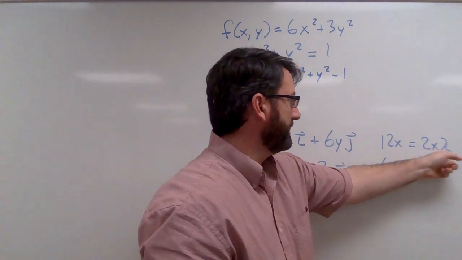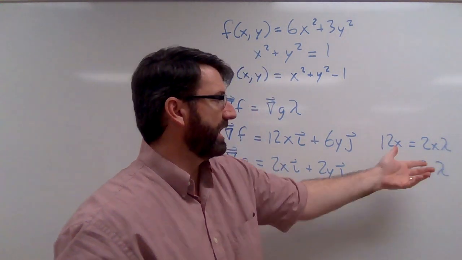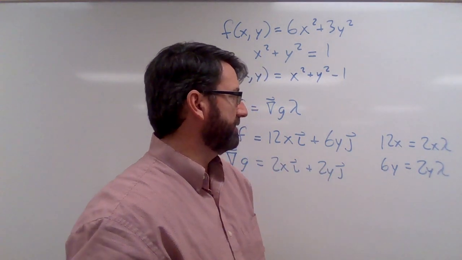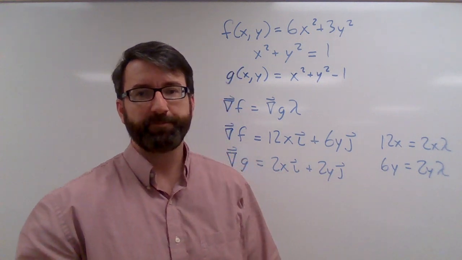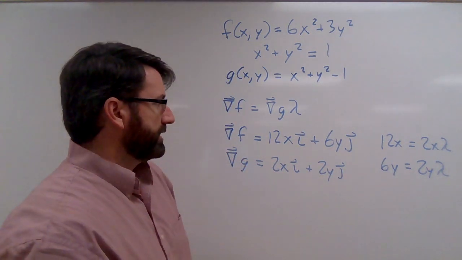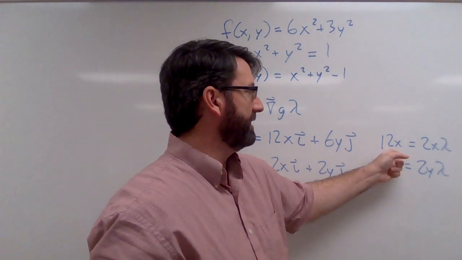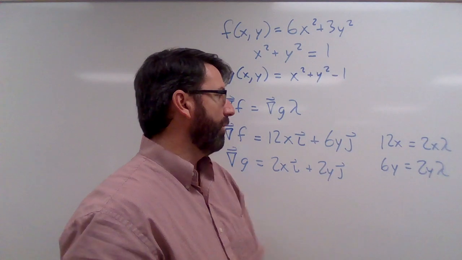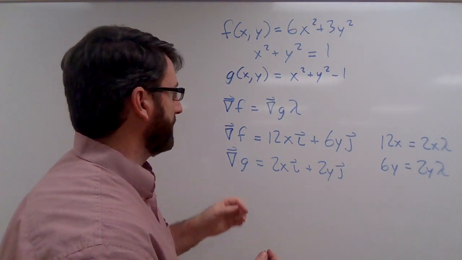Because if we were to solve for lambda for x, if we divided both sides by 2x, we'd get that lambda is equal to 6. But if we plugged in 6 for lambda here, we'd get that 6y is equal to 12y, and that's not going to work. So the only way that this is going to work is if either x is 0 or y is 0. So those are the values that we need to check now.